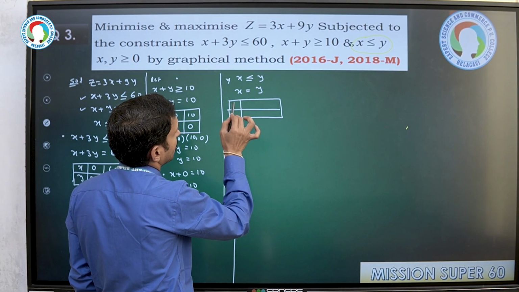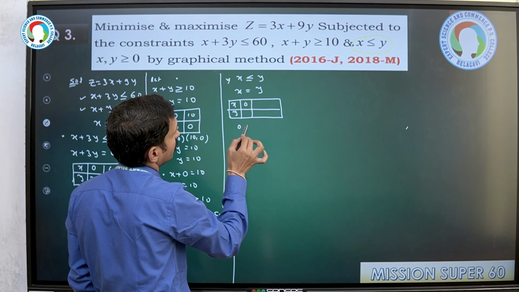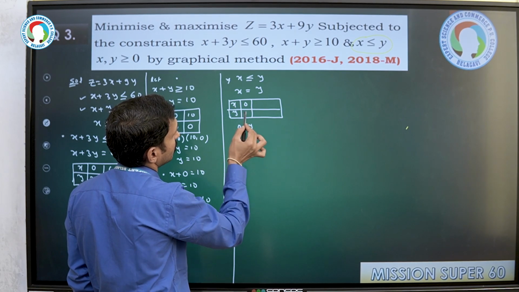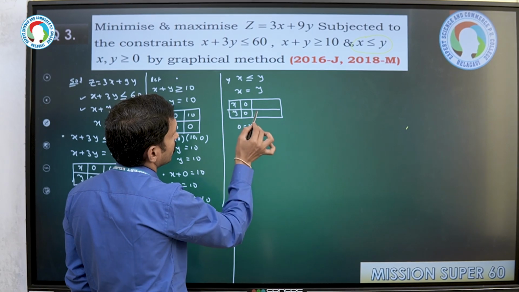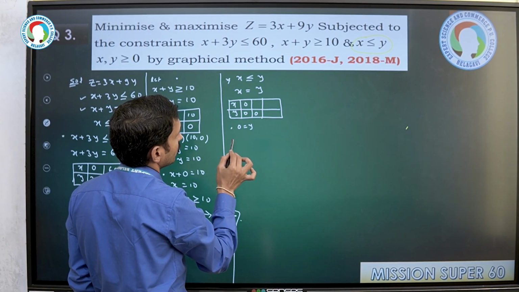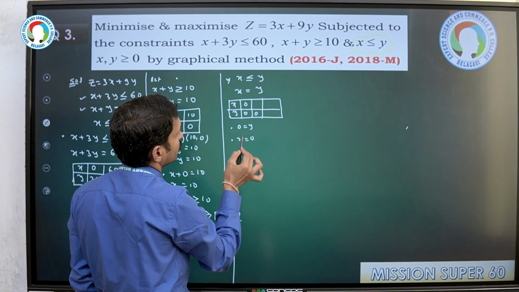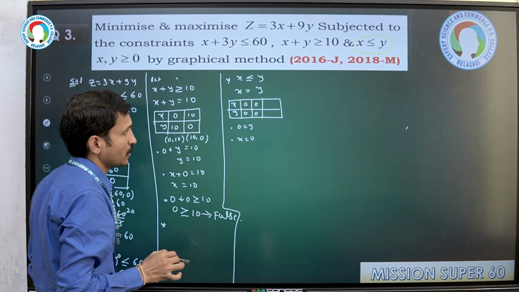Similarly, for x equal to y, if you put x value 0, what is the y value? y is also 0. If you put y as 0, x also is 0.